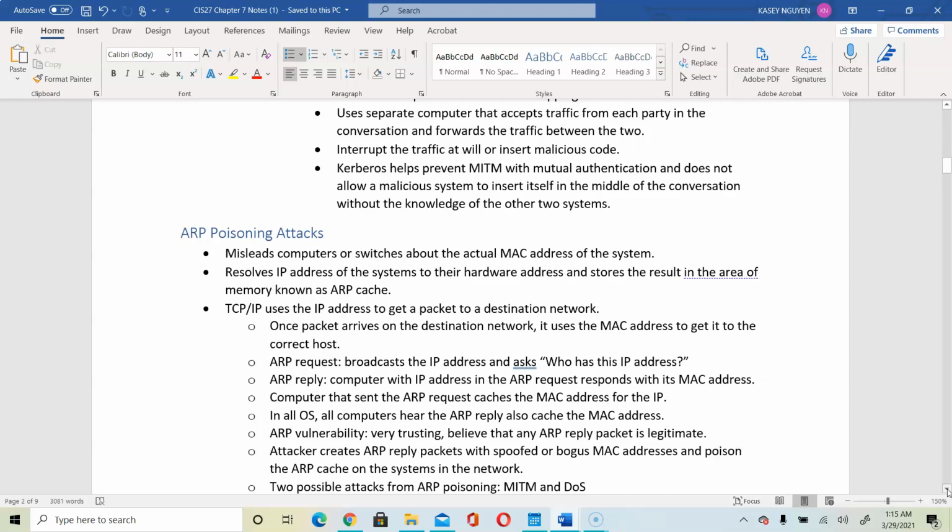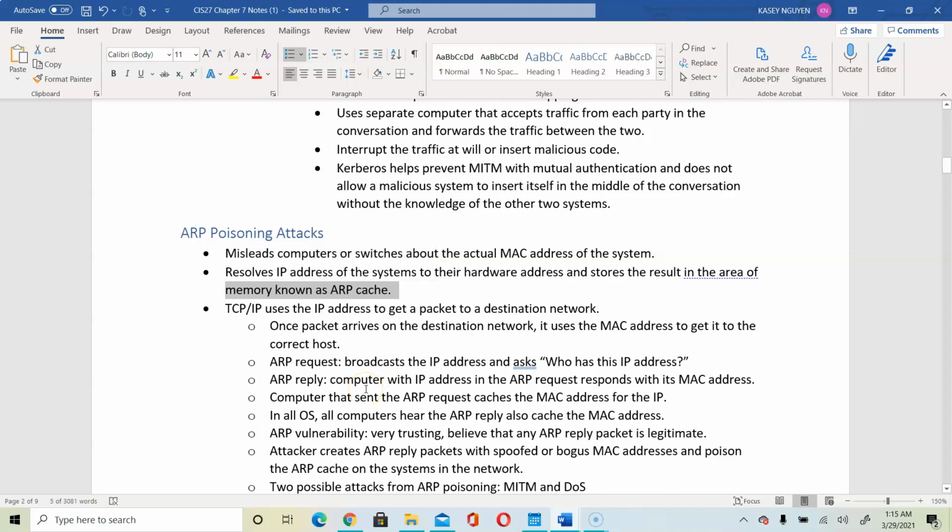It resolves the IP address of the system to the MAC address and stores the result in the cache. In the poisoning, it would cause the switches to look at the wrong MAC address for the system because it would change the memory cache information of the address.